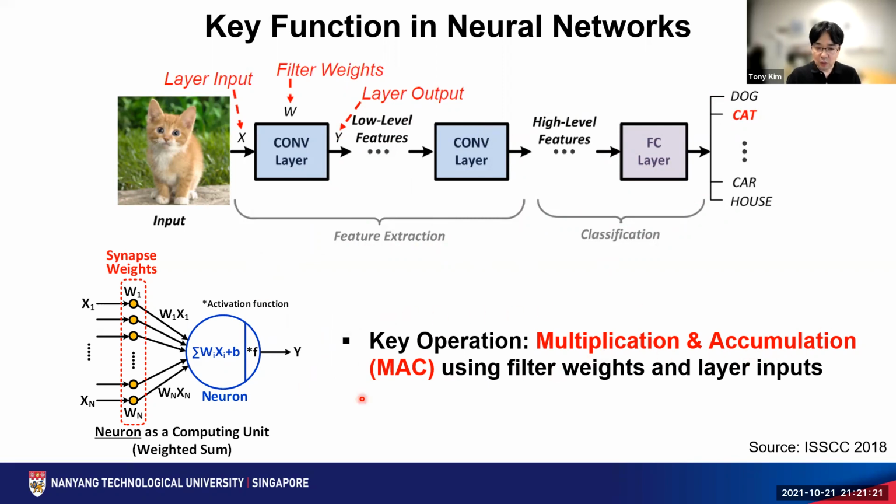So this is one of the most frequently computed functions in neural networks. So if you can realize this multiplication and accumulation in a very energy efficient way, then you can make your hardware extremely energy efficient, meaning you can make your edge devices and IoT devices smart without consuming too much energy. Okay, so that is what hardware engineers are trying to do these days.